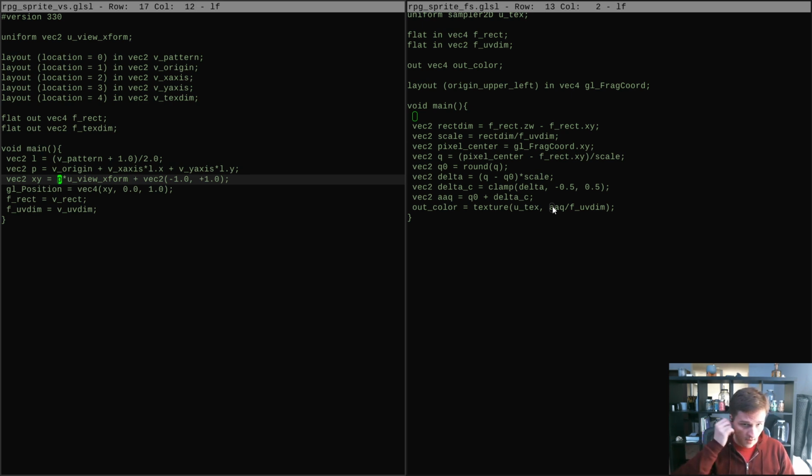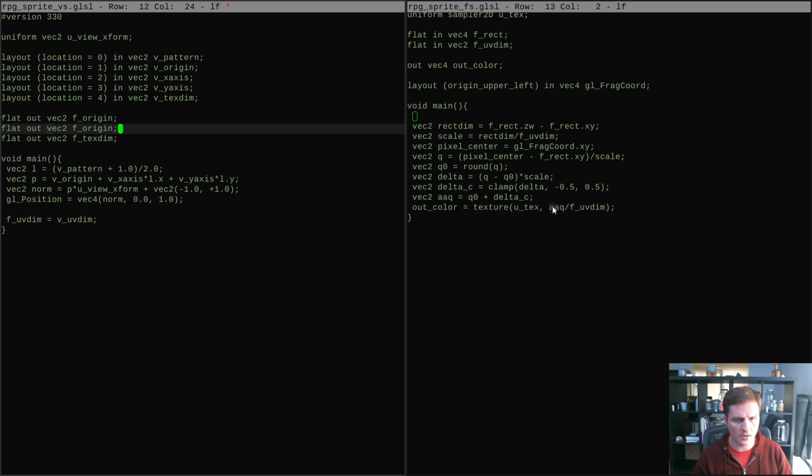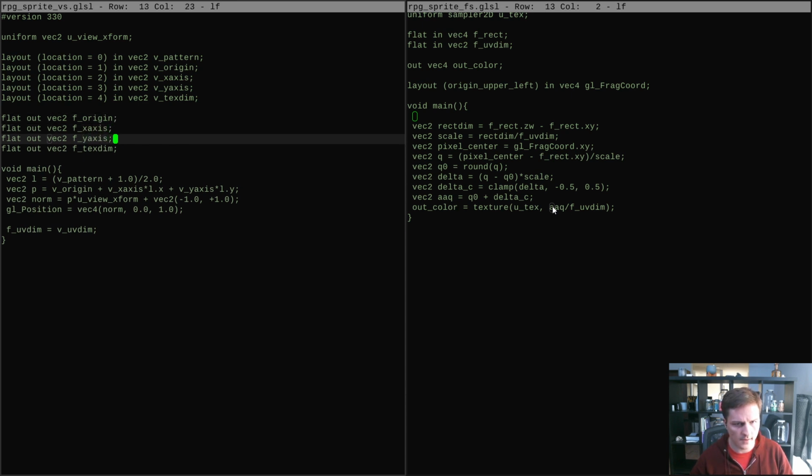And then we'll take that and map it to normal coordinates. Can't submit that, but we can pass on the origin, x-axis, and y-axis.